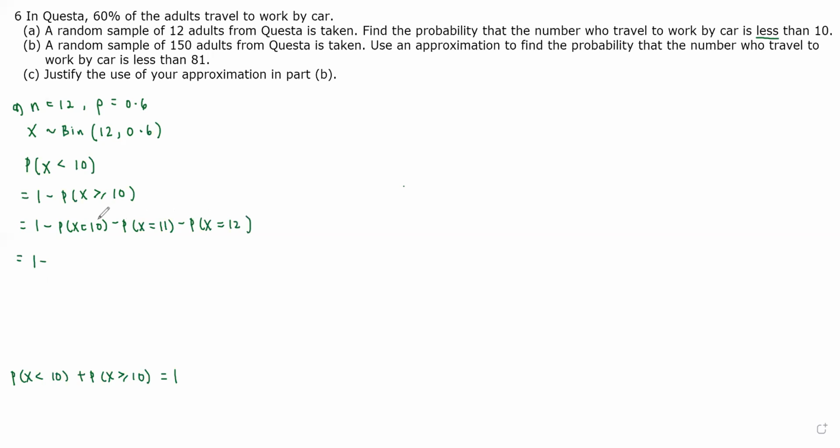Probability X equals 10 will be 12C10, 0.6 to the 10, 0.4 to the 2.